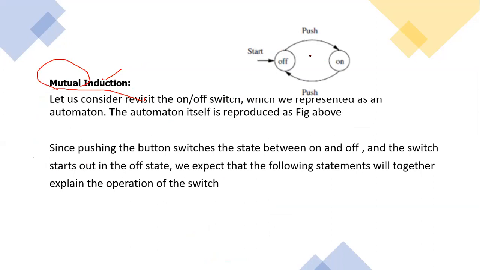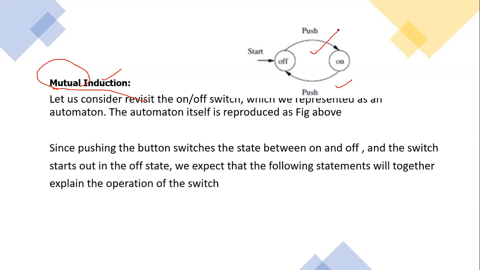We can explain mutual induction in this form. First you trigger it. If you press the switch, then the fan or the light will be on, right? Next you press the same switch again, it will be off, like that. So you can say this is mutual. If it is on and you press, it will be off.